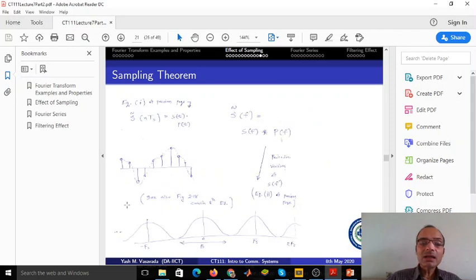Actually, I can just store in my computer, or I can transmit over a wireless channel or wireline channel only these samples here which are shown by these impulses. I do not need any other intermediate values of this signal s of t at all.